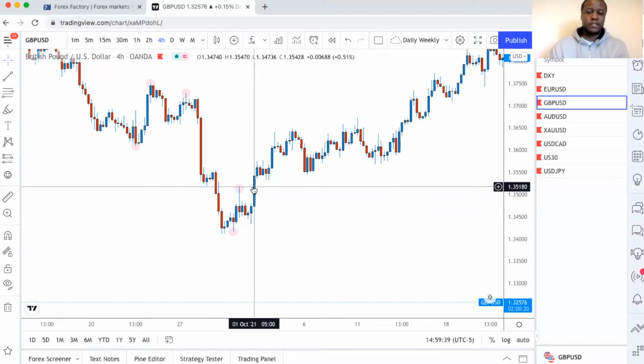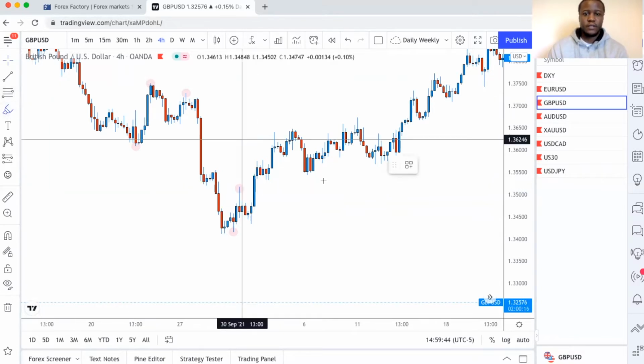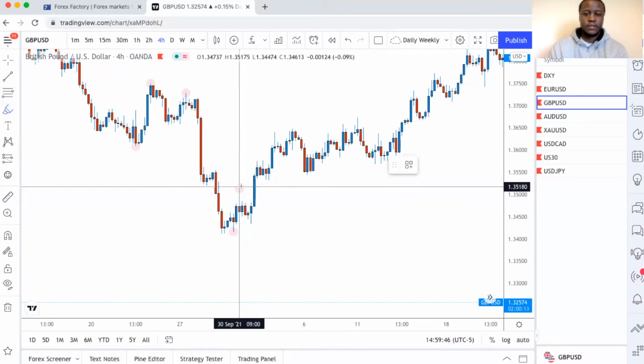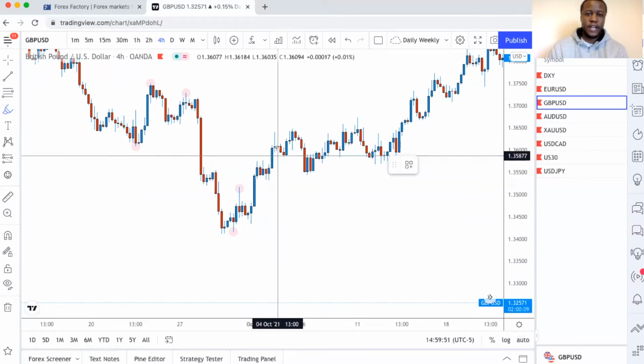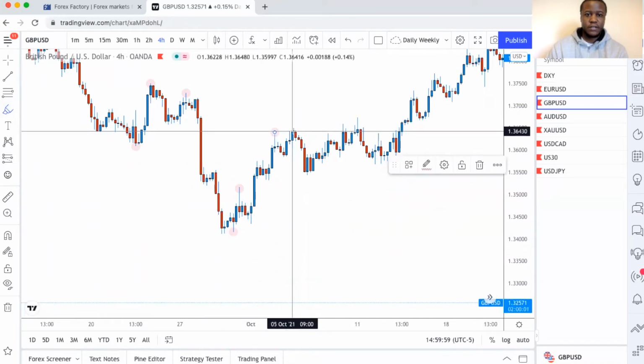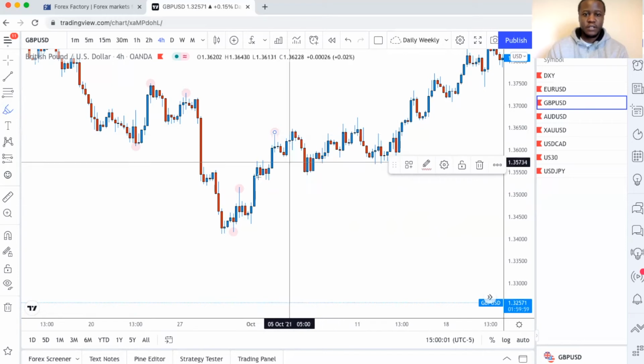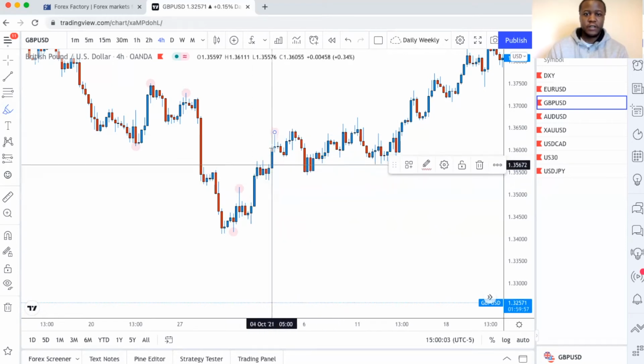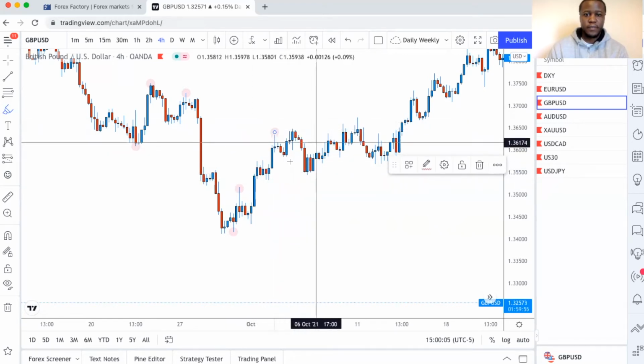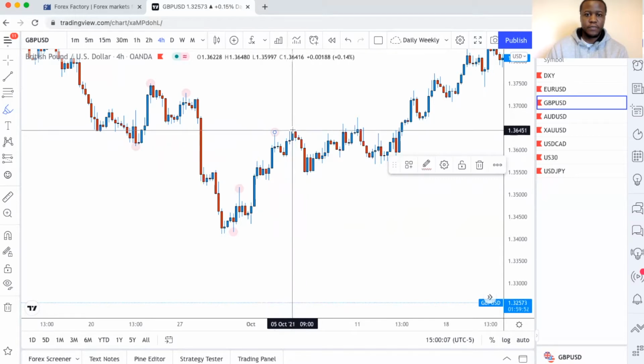Now, how do you get in on trades to the upside? You wait for a swing high. We get right here. It's all about patience. So once you see the swing high right here, and there's another one right here. So even better, you know for sure.